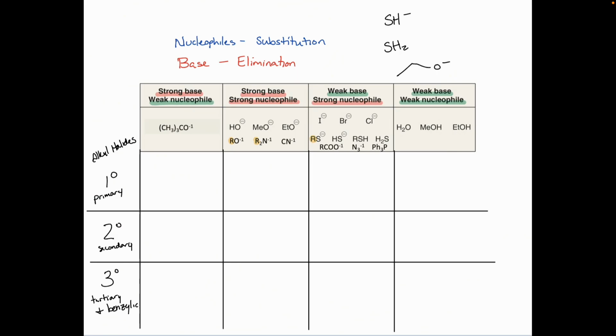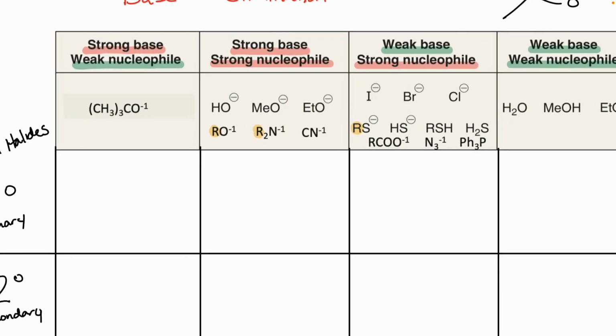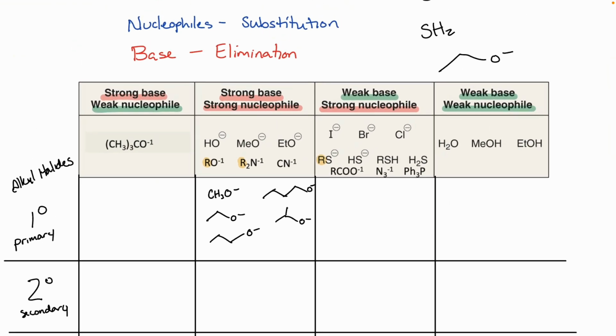So RO minus means that it could be CH3O minus, or even longer than that. Any of those would be this ROH, or RO minus, right? The R is just this variable, stands for an alkyl group.